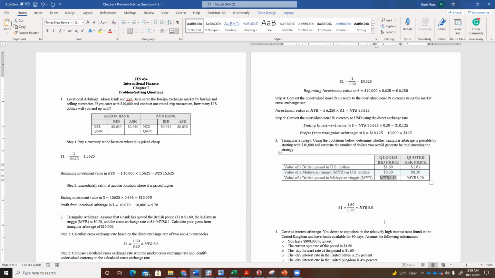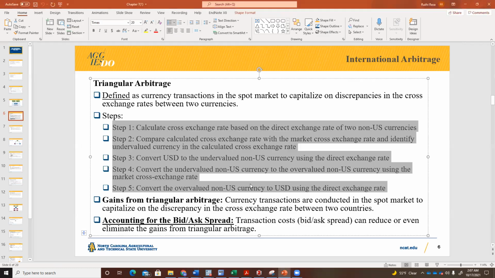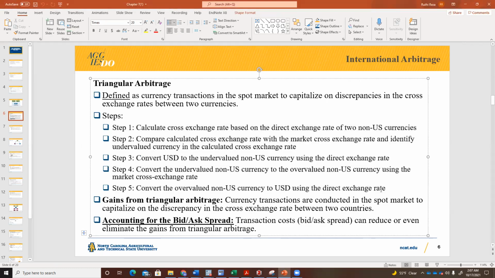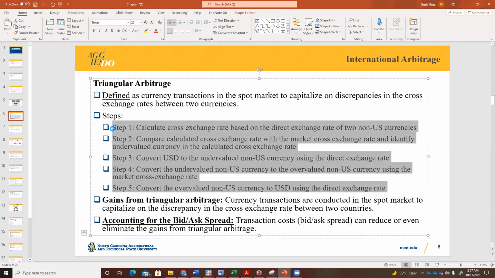Now, whenever we are going to calculate the profit, we are going to consider this bid and ask spread and see how our profit is squeezed because of this bid and ask spread. So let us start. Again, we are going to follow the standard steps we have for triangular arbitrage. So we just have 5 steps, right?